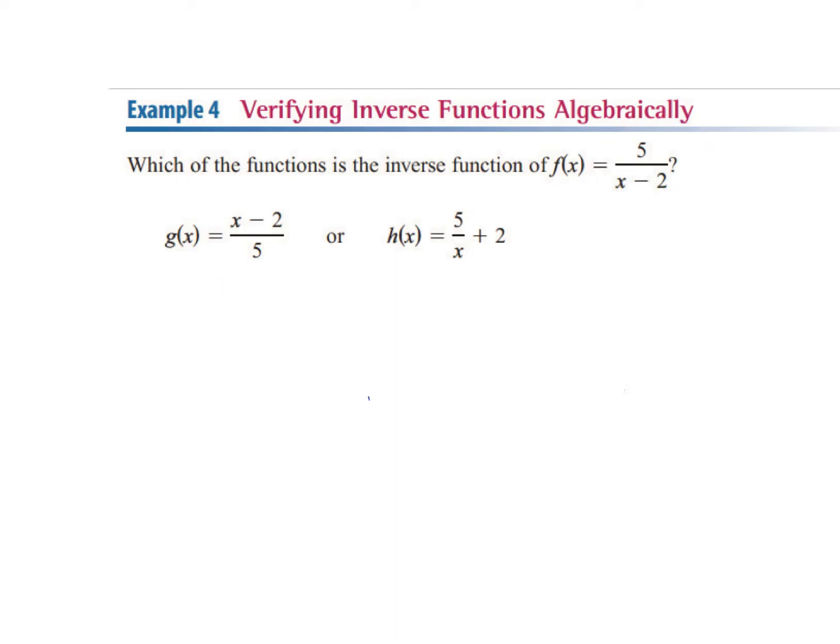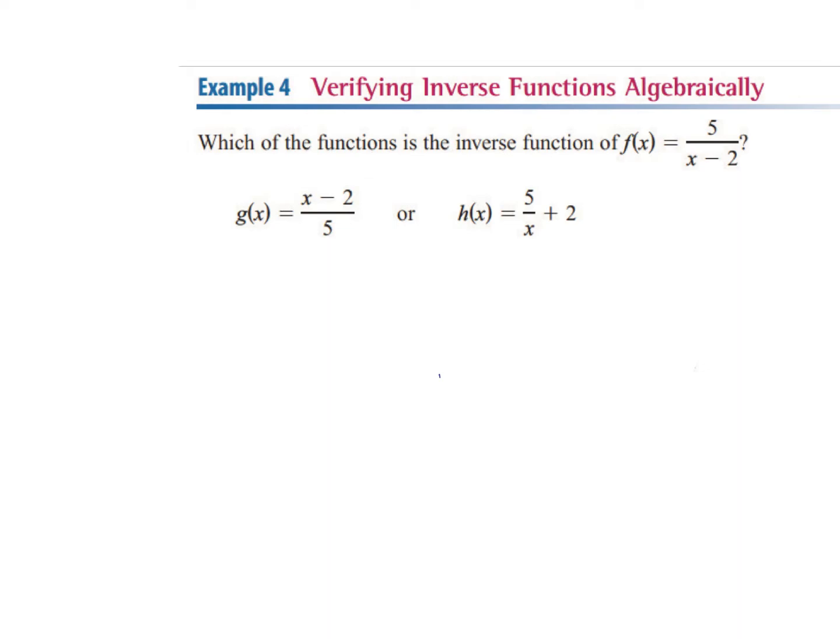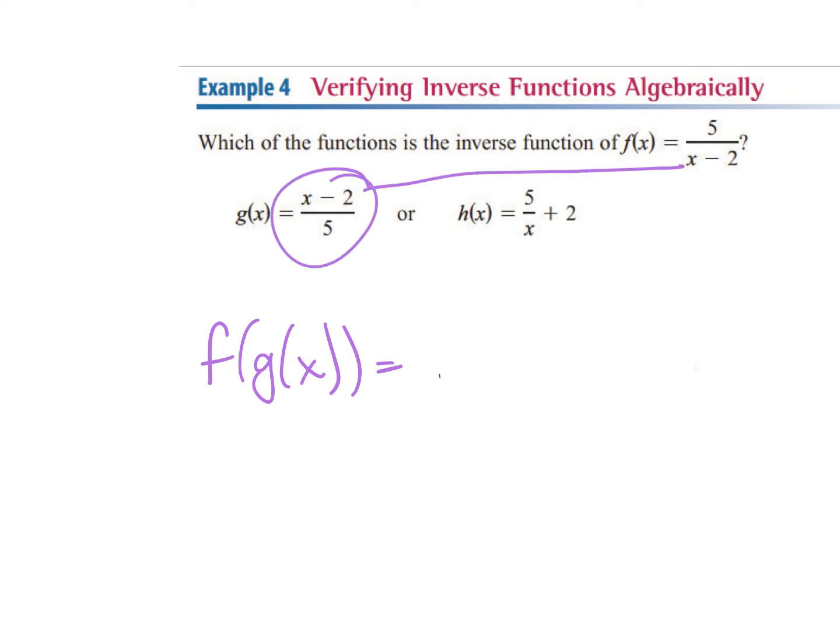But if you notice, well, let me just do the composition first. Let's do the composition of f of g of x and see what happens. All right, so I'm taking g and plugging it into f, right? So 5 over x minus 2 over 5 minus 2. Is there any way I can start to simplify from the inside out?